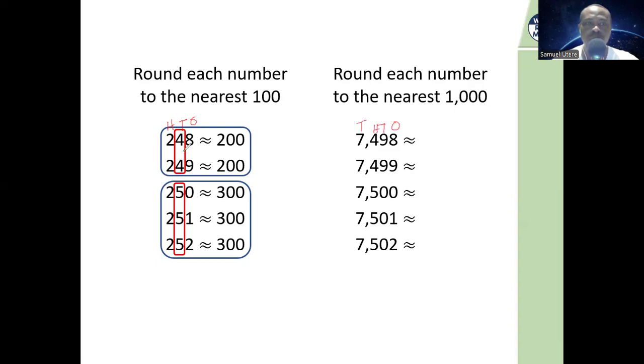Now, which one do you think we'll focus on? We want to round to the nearest thousand. Have a think. I'm sure you're thinking, well, we're going to be focusing in on the hundreds column. And remember our general rule that we just figured out here.